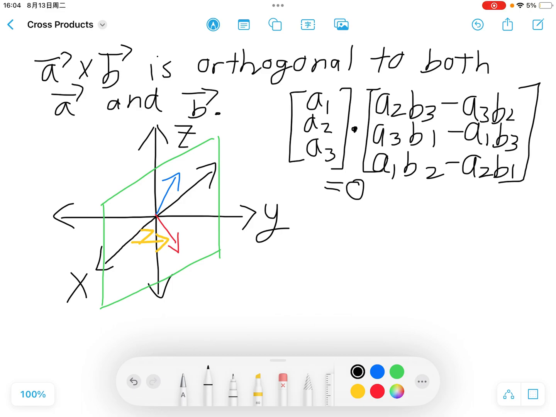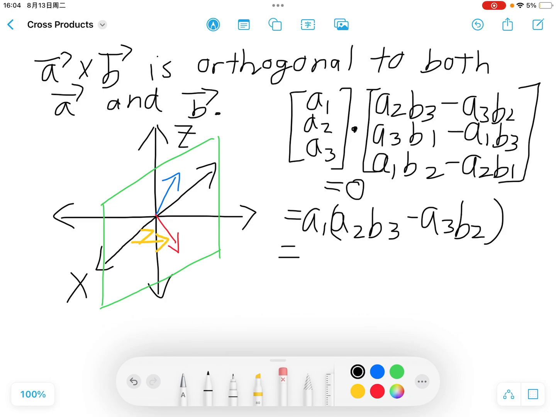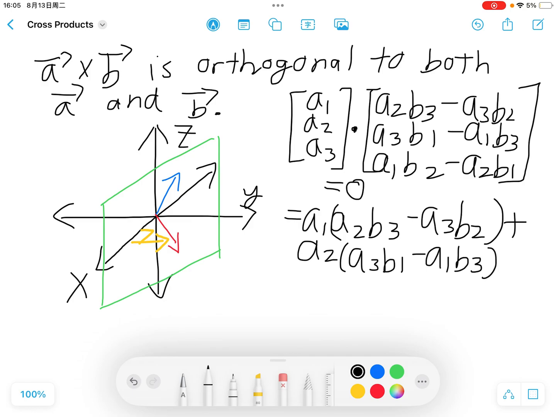Well, this is essentially A1 times (A2 B3 minus A3 B2), then we add to that A2 times (A3 B1 minus A1 B3), and again add A3 times (A1 B2 minus A2 B1). And this should be equal to 0.